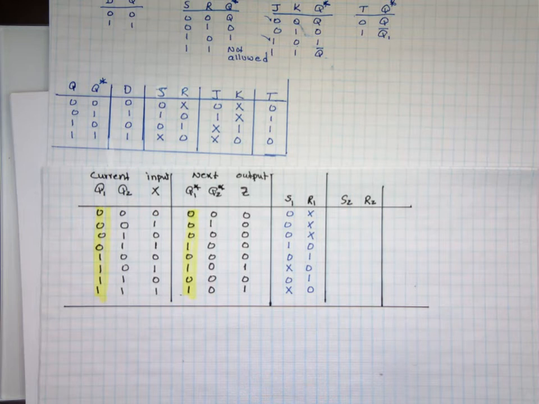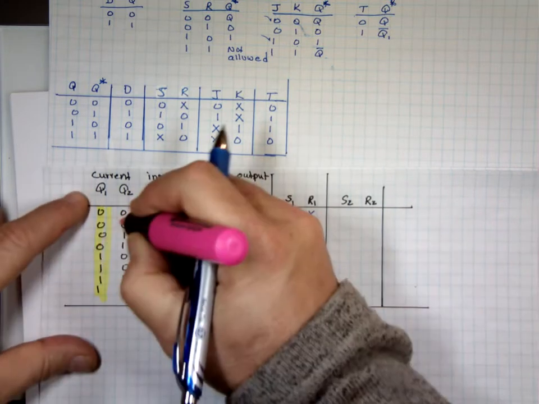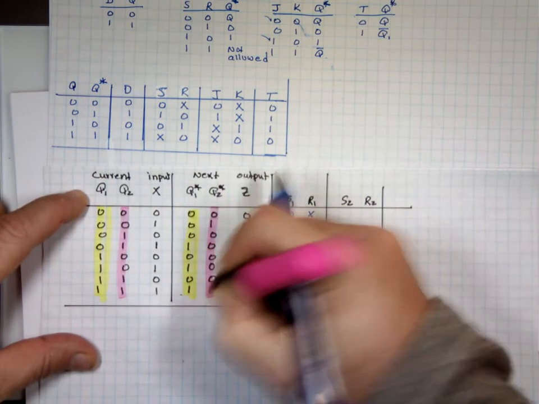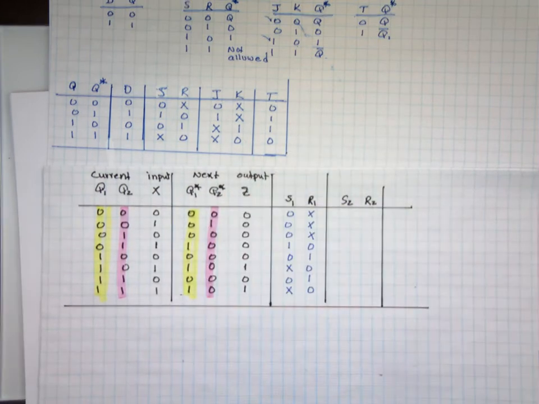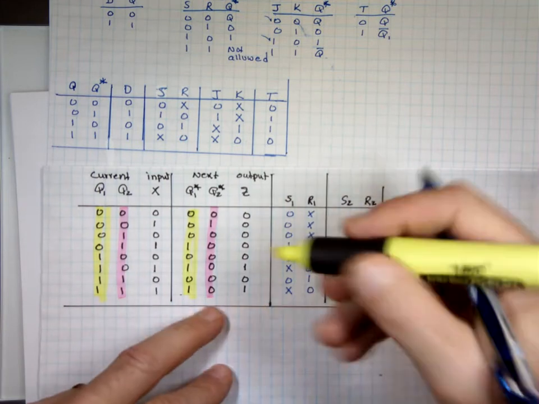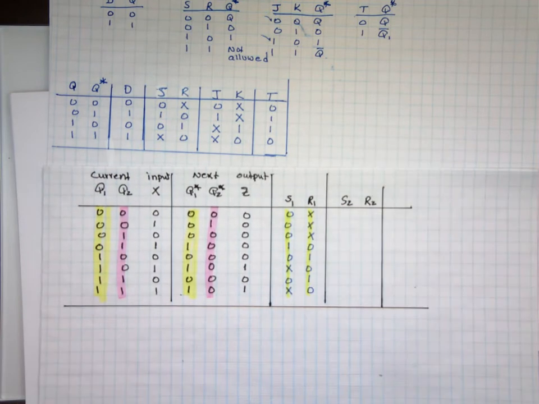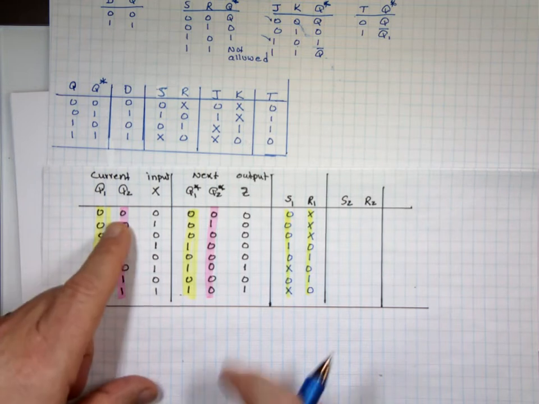The second flip-flop, I need to look at this column with this column. So let's look at these colors. Again, the yellow here, the result of the yellow, so I'll highlight them to match. Let's look at that pink from 0 to 0.